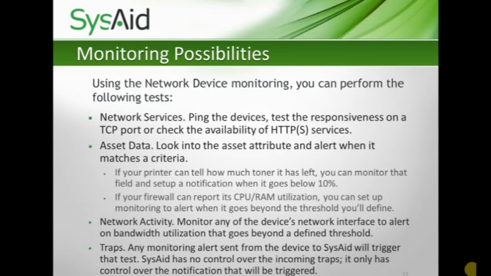Again, let's use the switch as the example. You could have more than 48 interfaces on a device. You can choose the one that you want to monitor and define the threshold on it, and get a notification when that threshold is met or exceeded. That's a good example for using that.